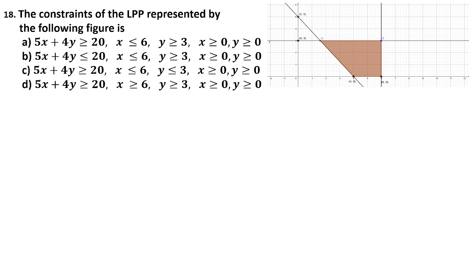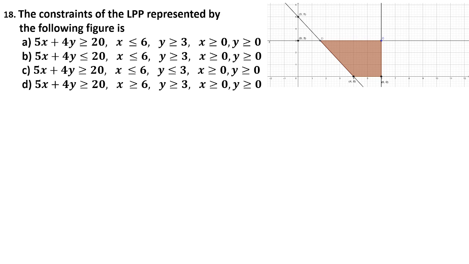But always remember, think about what will happen if it is less than or equal to something or greater than or equal to a positive constant. If it is less than or equal to a positive real number, then origin is included. If it is greater than or equal to a positive constant, origin is not included. Now you can see there are 3 lines here. One line you can identify: it is 5x plus 4y is equal to 20.